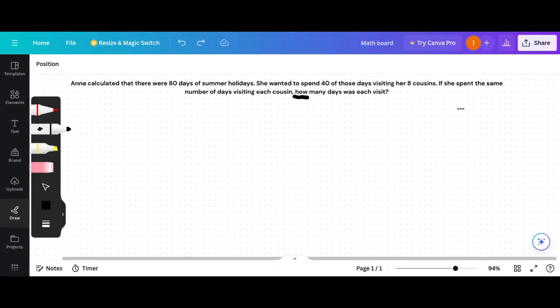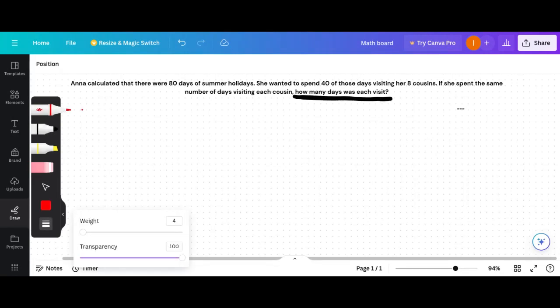Okay, now we're going to pull out important info. Unlike our other one, where all the numbers were important, for this one we have numbers that are not important. And that's why whenever you're pulling out information, you don't highlight all the numbers. You have to take the time and read it. How does the information connect to the question?